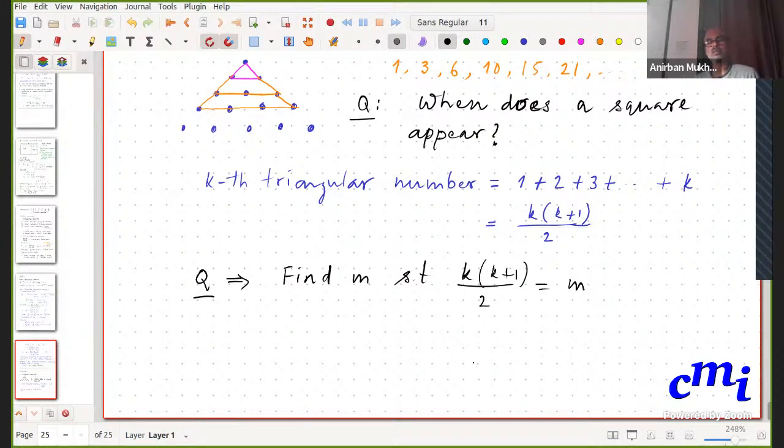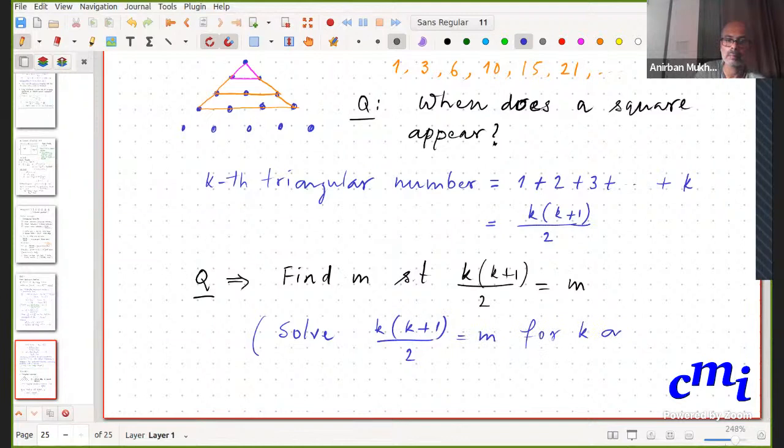In other words, we need to solve this equation for k and m. Same thing as saying this: solve the equation k into k plus 1 by 2 equal to m for k and m. Now how do we go about solving it?